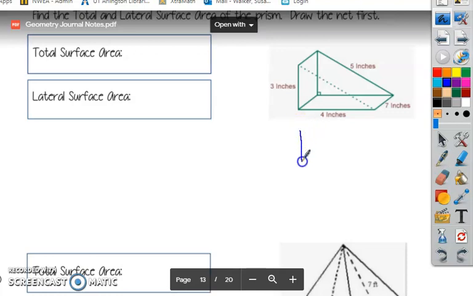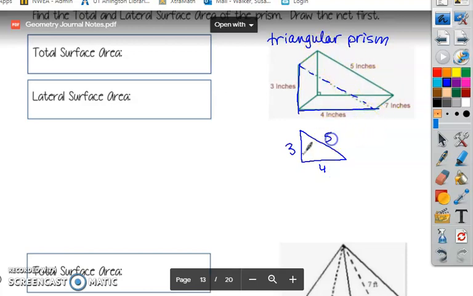I have a triangular prism, so the base is a triangle. My base has sides 3, 4, 5, and this looks like a right angle, which is important.